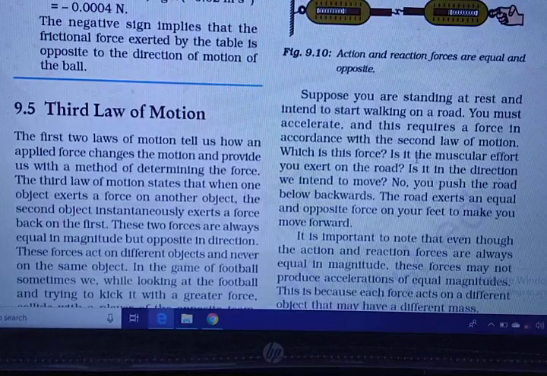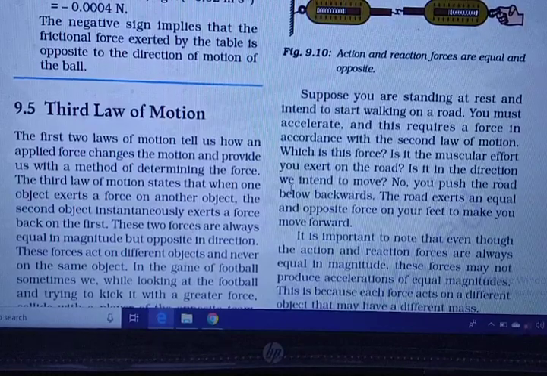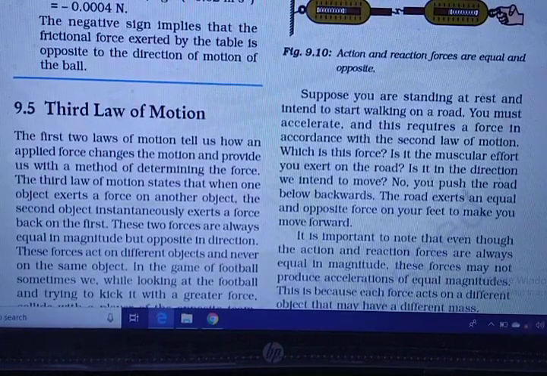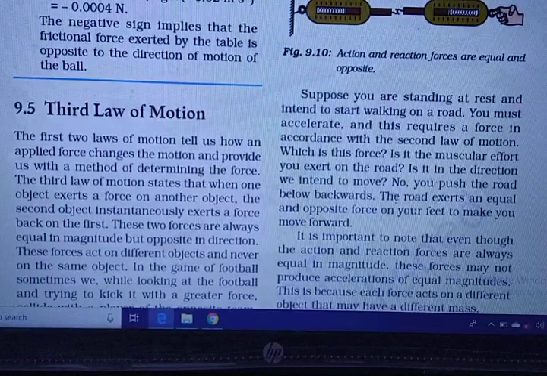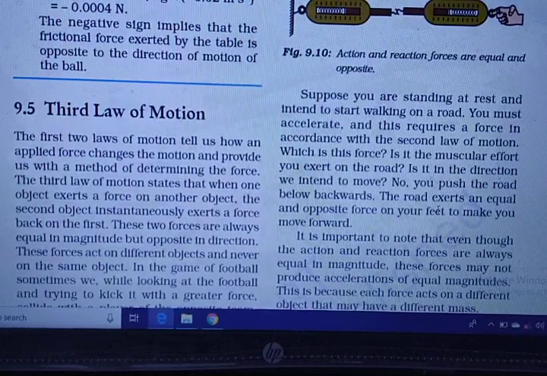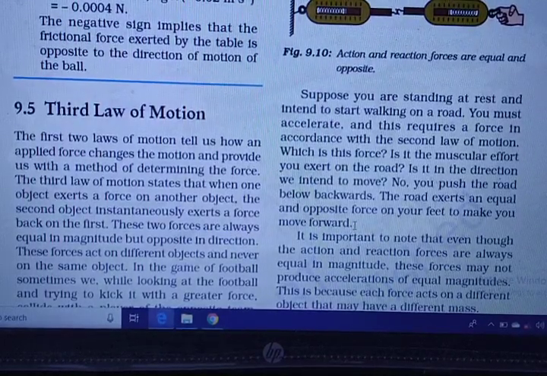Is this a muscular effort you exert on the road? Is it in the direction we intend to move? No. You push the road backwards. The road exerts an equal and opposite force on your feet to make you move forward.